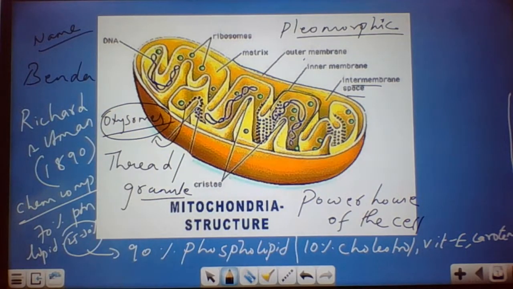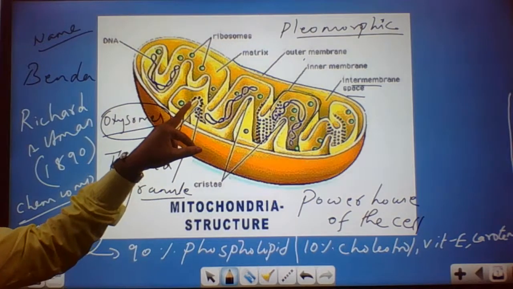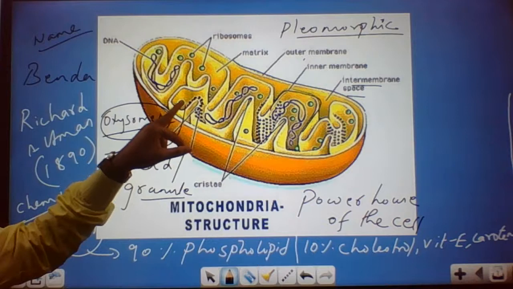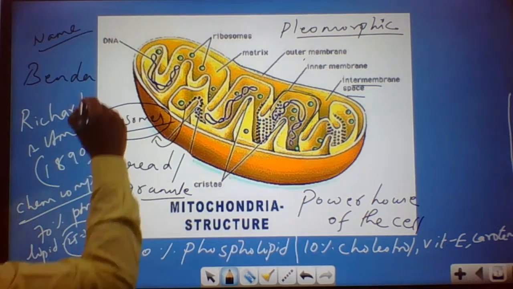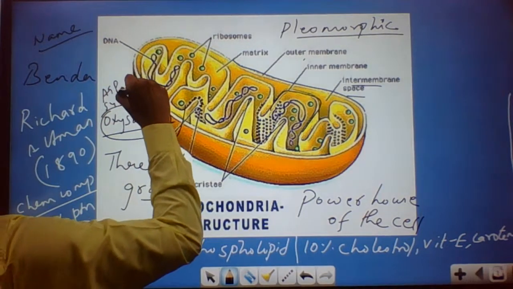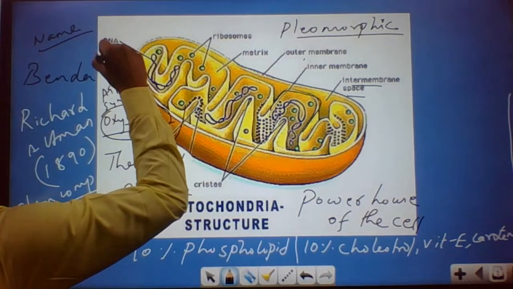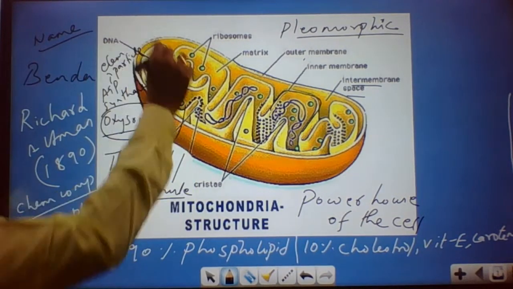So these oxysomes, present on the cristae region, are otherwise called ATP synthase or elementary particle. From this part you can get a question.